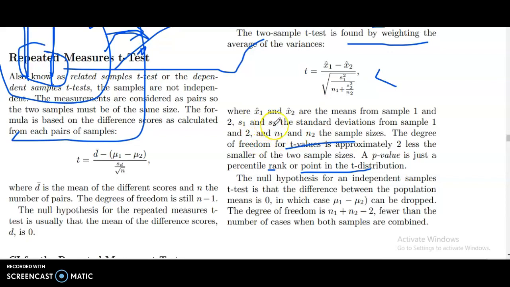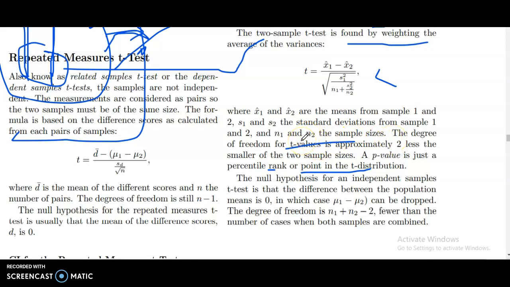But you have to keep in mind this part: x1 cap and x2 cap are the means from sample 1 and sample 2, s1 and s2 are the standard deviations from sample 1 and sample 2, and n1 and n2 are the sample sizes.